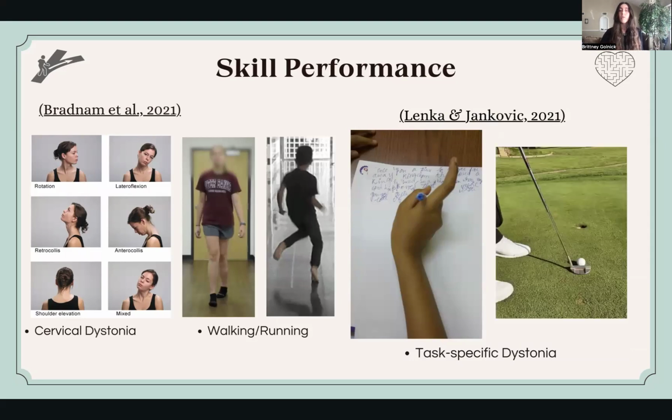And then also when it comes to golf, Lenka and Jankovic reported that almost half of professional golfers have a type of dystonia called yips, which is basically an inability to control fine motor movements, which is kind of overall how task-specific dystonia presents itself. But yips really impedes these golfers because fine motor movements are very important for chipping or putting in those instances.